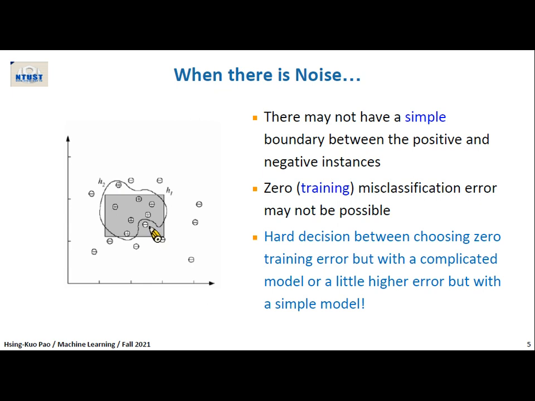Because when we need to build this kind of model, we need a lot of parameters. The model parameters suddenly increase a lot. That's a price we have to pay, in the training and also in the testing.